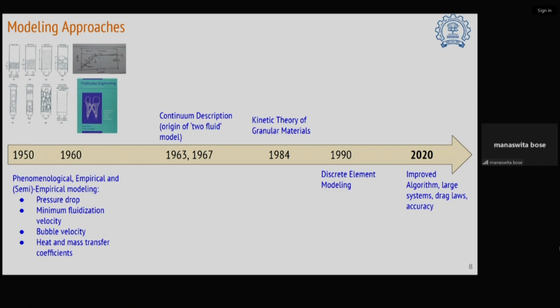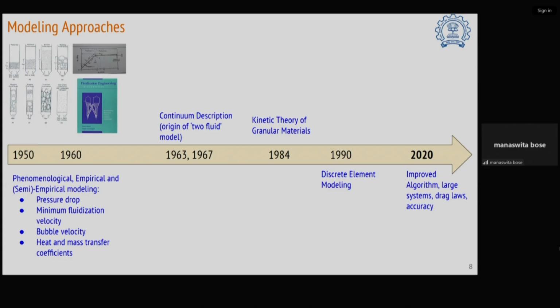In 1990, work using CFD-DEM began by Tsuji's group, and that paper is a very well celebrated paper. Though DEM for granular matter started way back, I think in 1979 by Cundall and Strack.